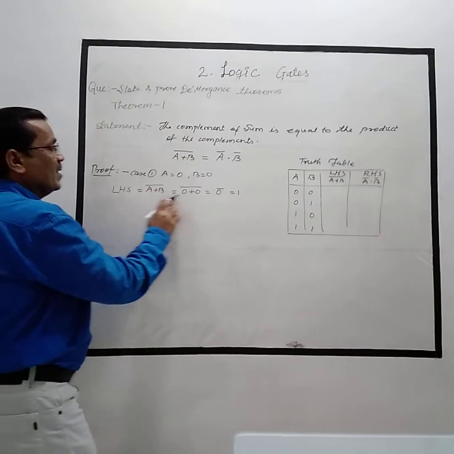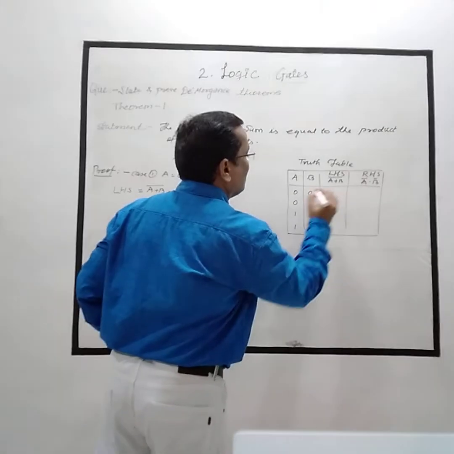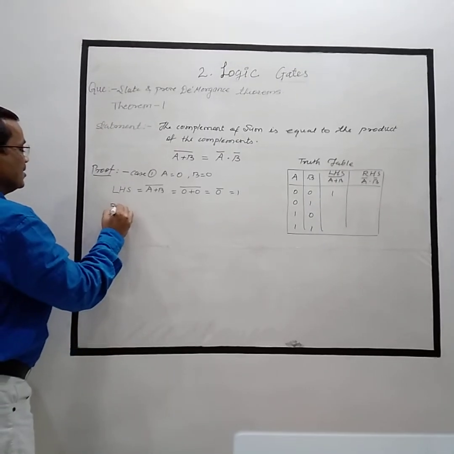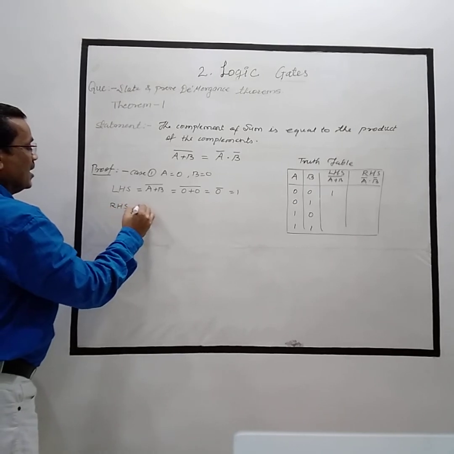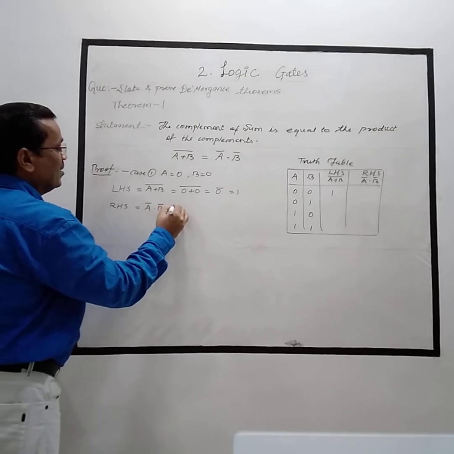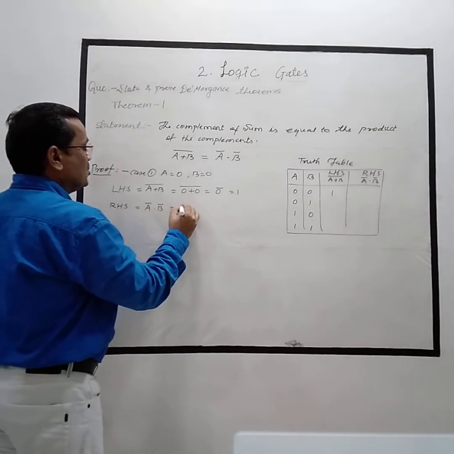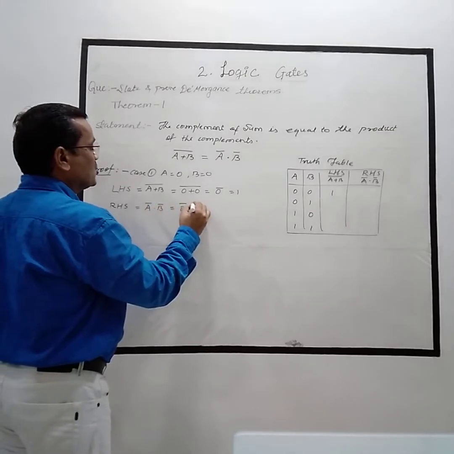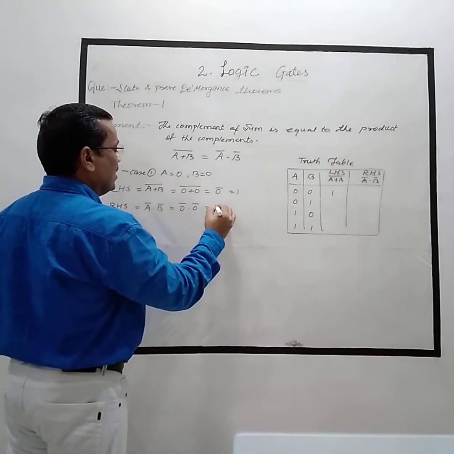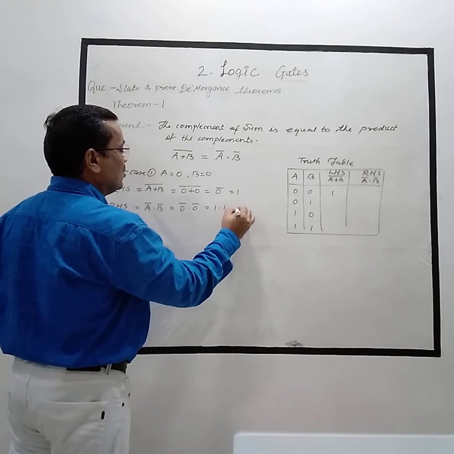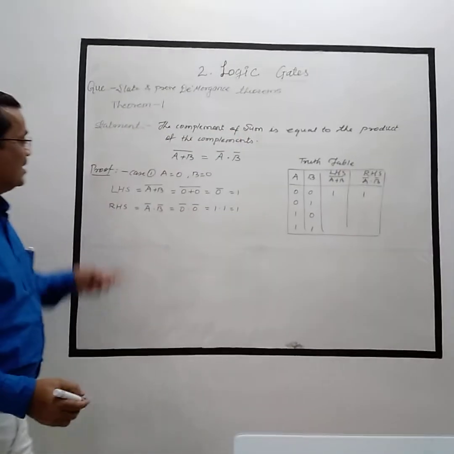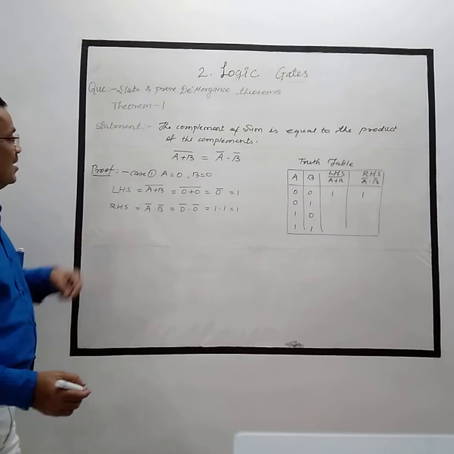So here LHS will be 1. RHS is equal to A complement dot B complement, where A is 0, 0's complement dot 0's complement, 1 dot 1, which is equal to 1. So here it will be 1. This is the first case.